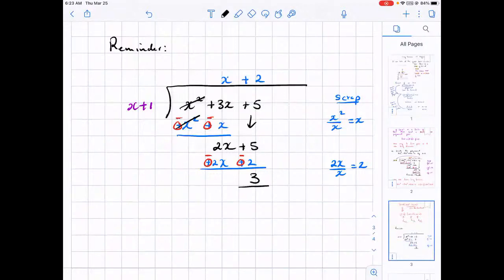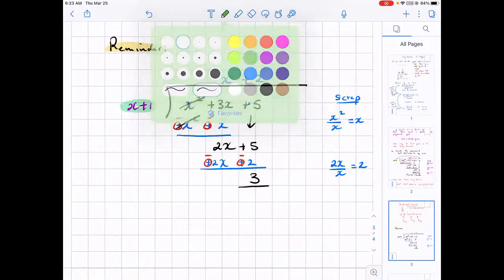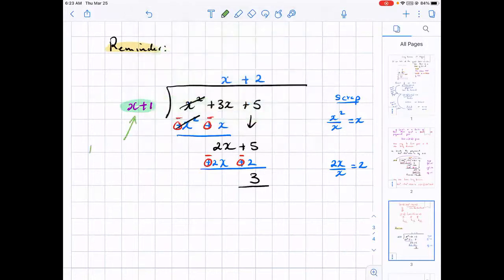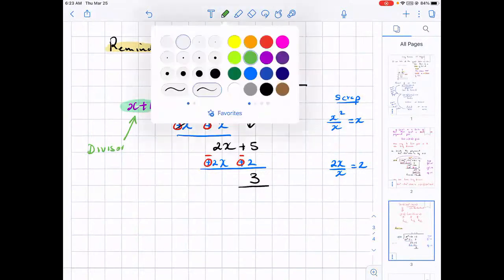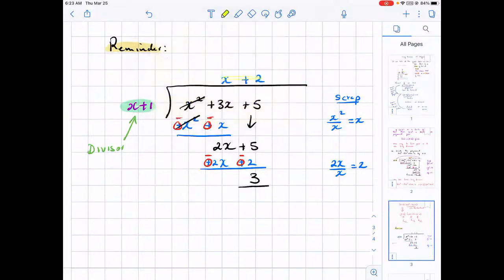The reminder that I want to talk about is this here, okay, which is called your divisor. This is what we call the divisor. This up here is what we call the quotient.